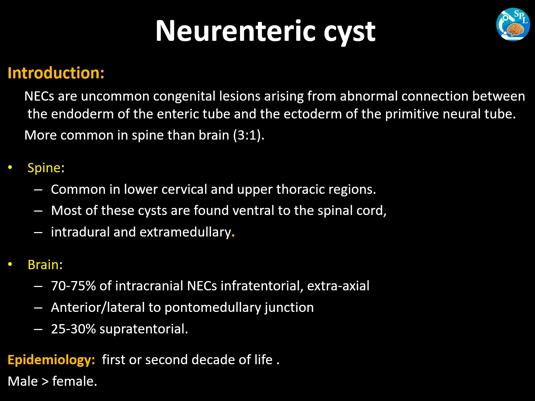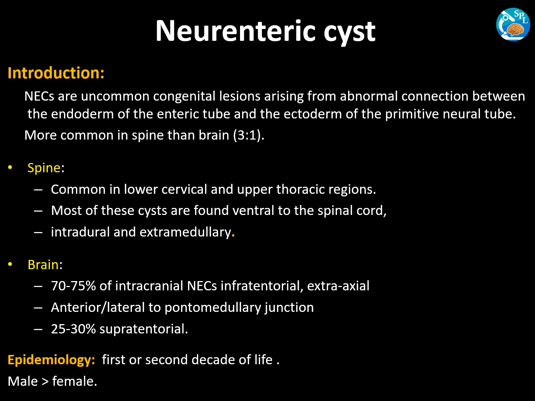Now the cysts found in the spine are more common in the lower cervical and the upper thoracic regions, and these represent approximately 0.3 to 0.5% of the spinal tumors. Most of these cysts are found ventral to the spinal cord, and these are intradural and extramedullary cysts.